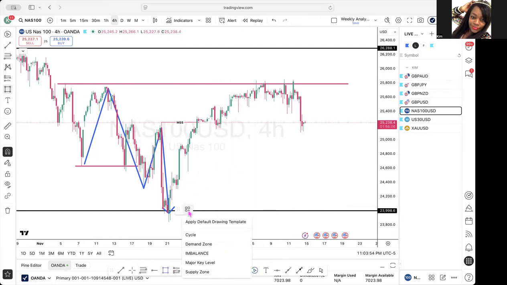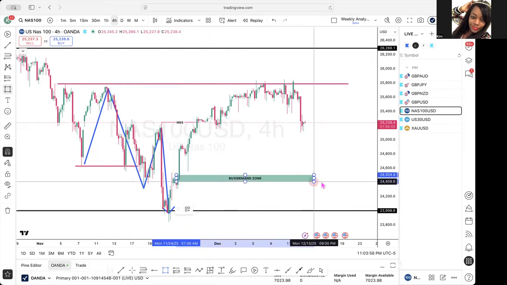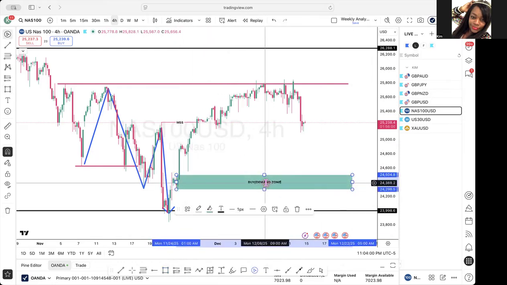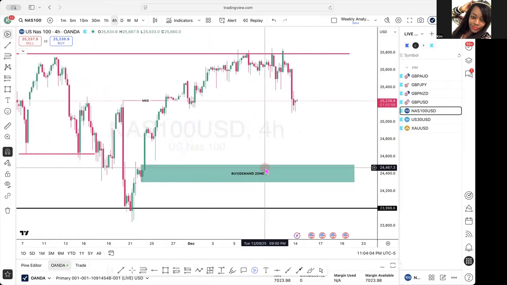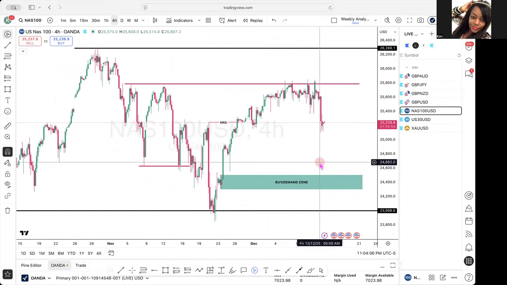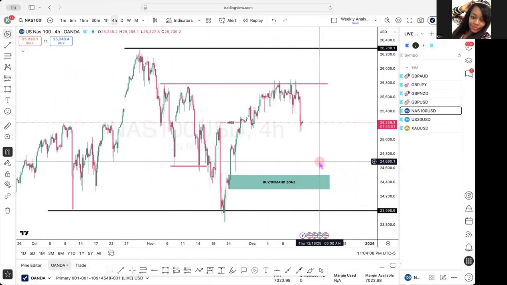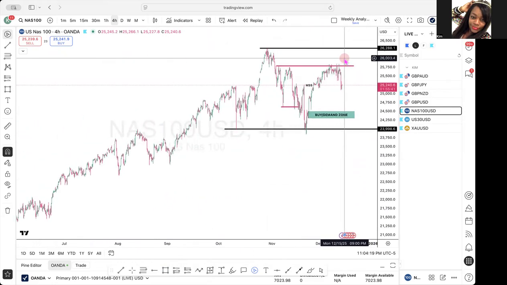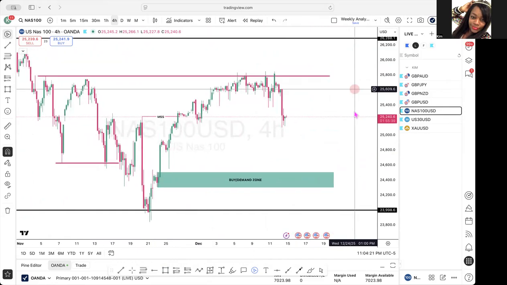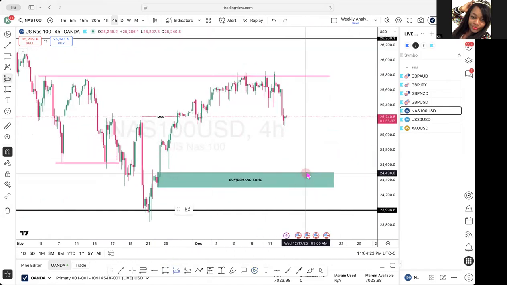You want to mark up your supply and or demand zone. So I would be looking for price to come back to this zone to possibly buy. That's what I would be looking for.